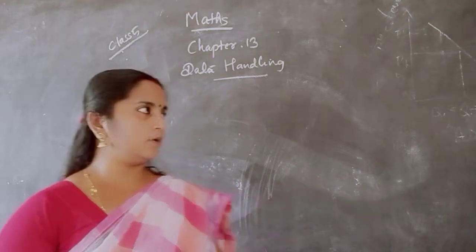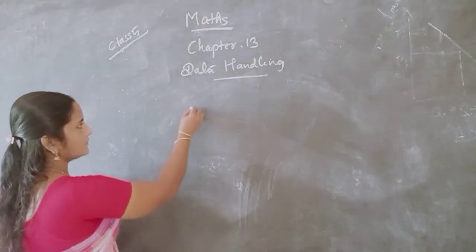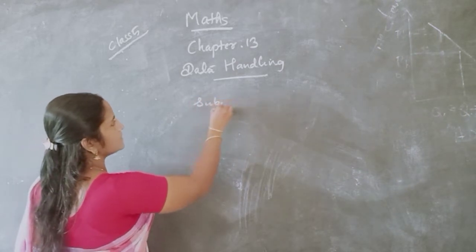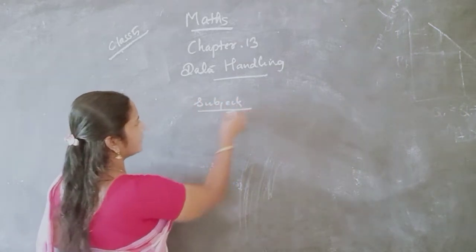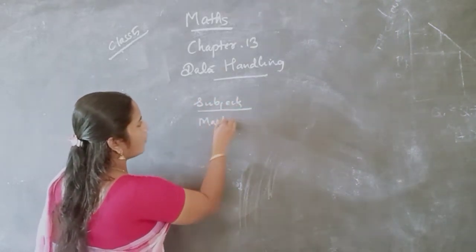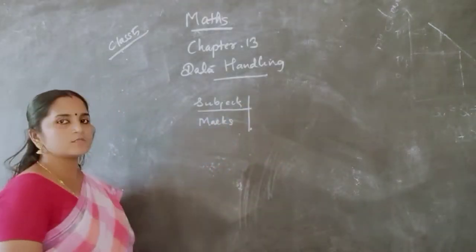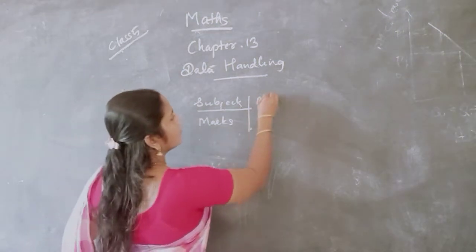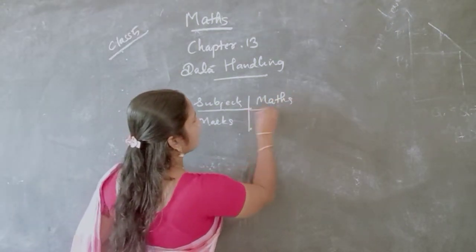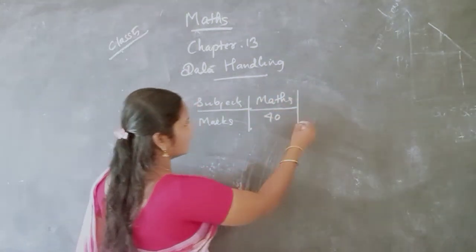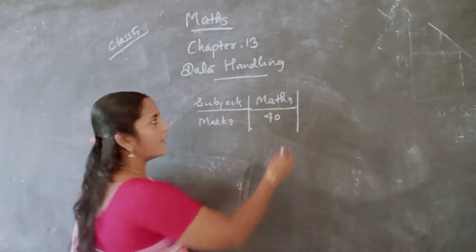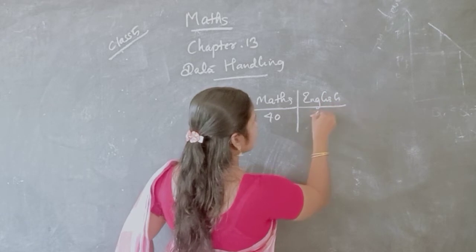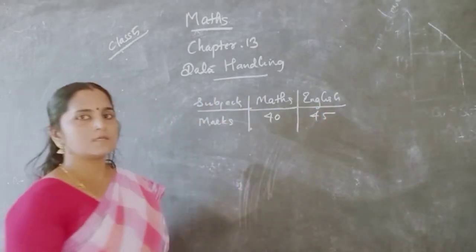For example, suppose in a class the subjects are given and the marks of each subject are also given. A student scores 40 marks out of 50 for maths, and for English suppose 45 marks.